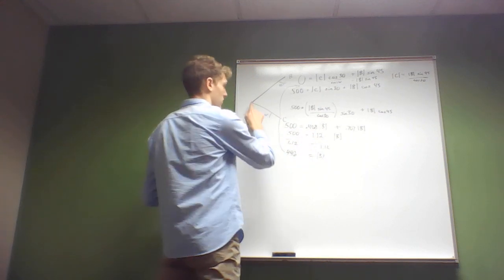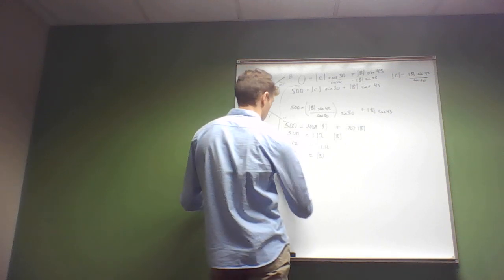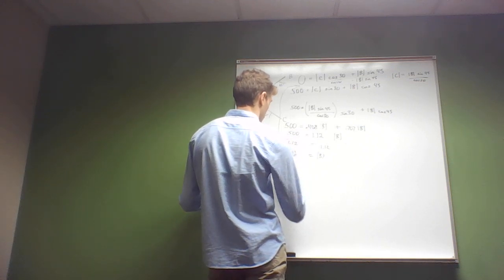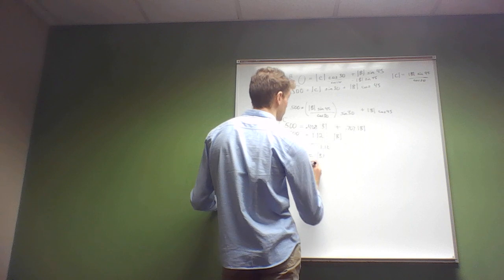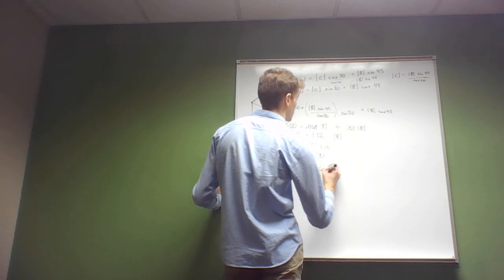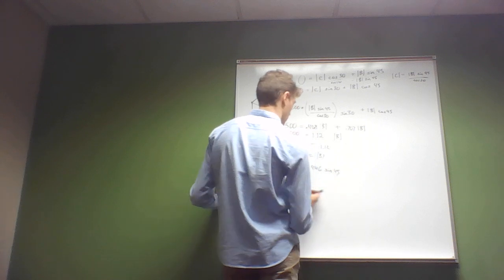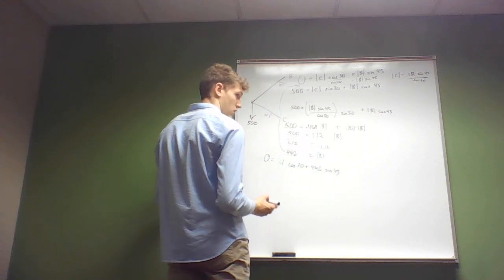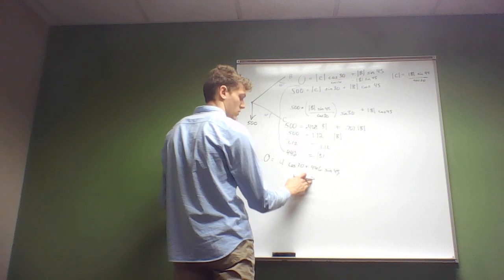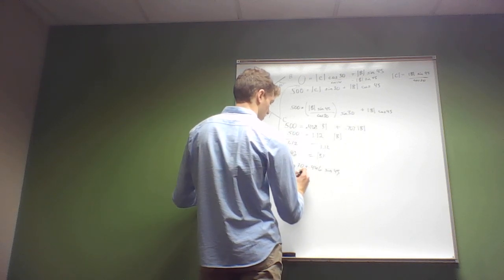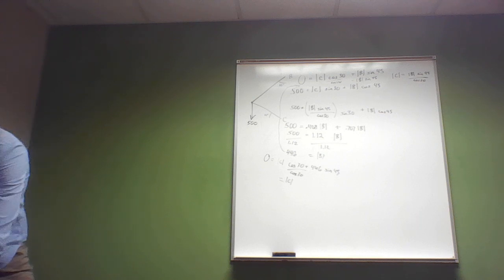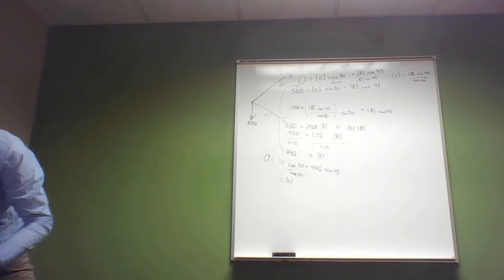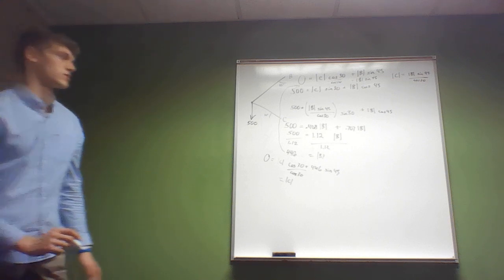Using the x equation because it's easier with 0: magnitude of C cosine 30 plus 446 sine 45. That's 315, divided by cosine of 30, which is 364. So 364 is your next one.